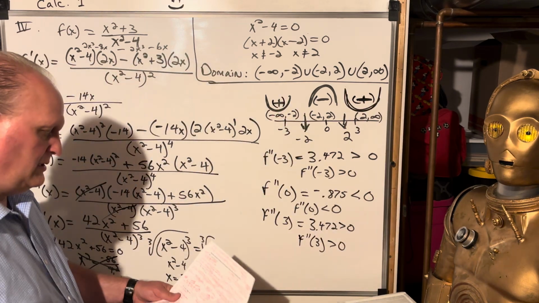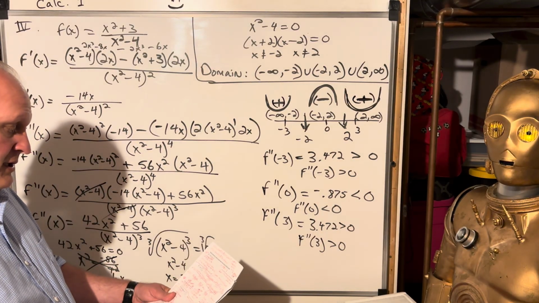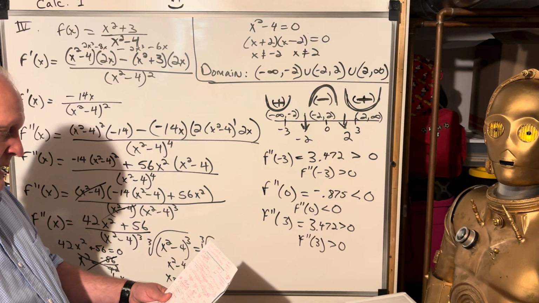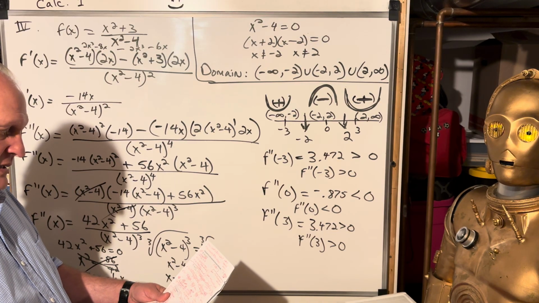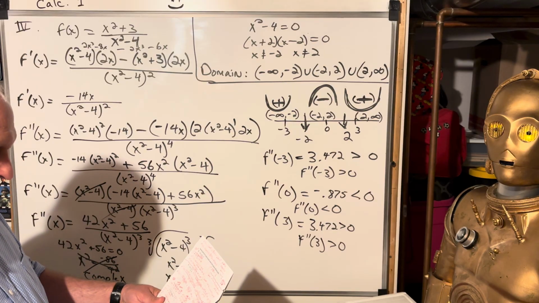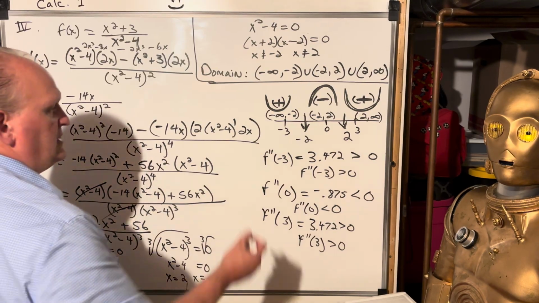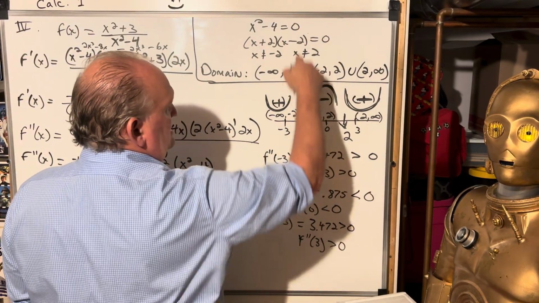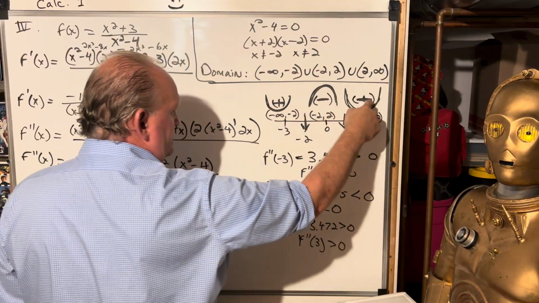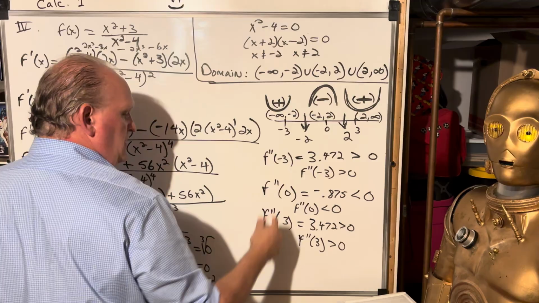All right. So I think that's where the show ends. There are no points of inflection. We just have these things approaching these asymptotes forever, but the concavity is consistent in each one of those.